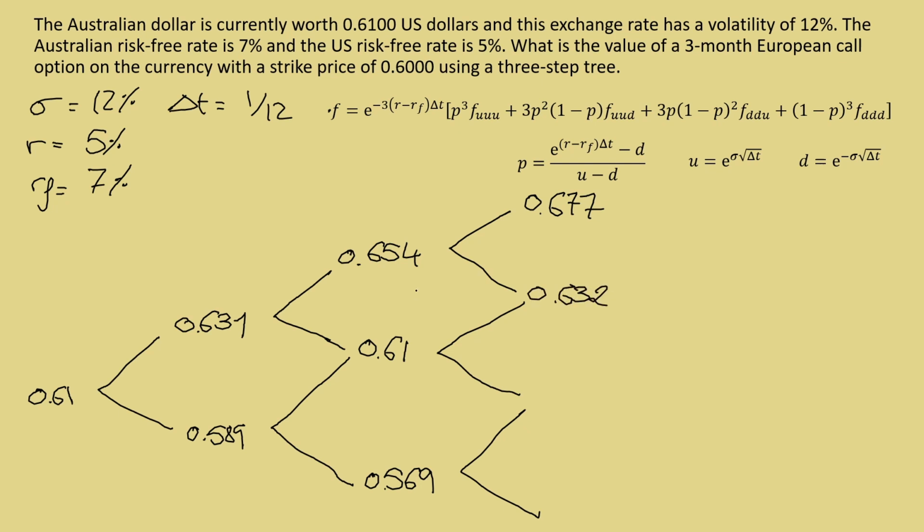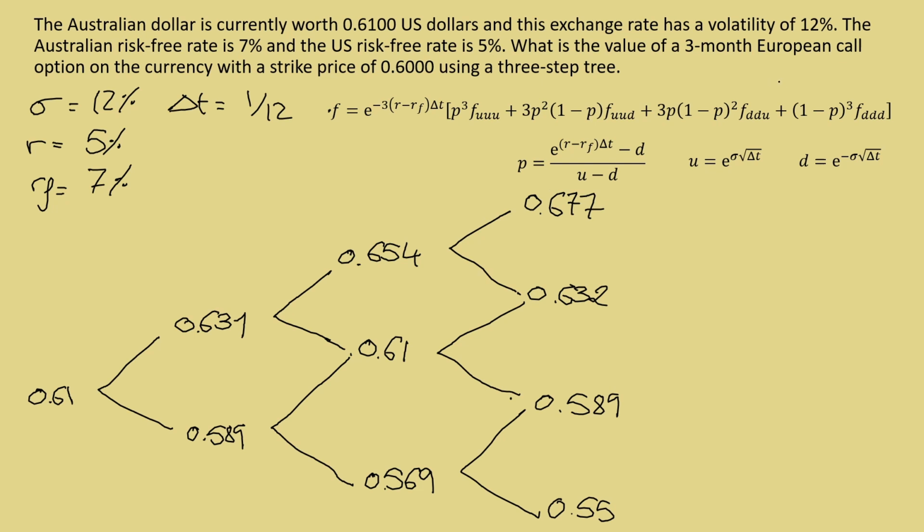Now, by the way, notice that on these points, so this one, for example, and these two, whether you do 0.654 here times D or 0.61 times U, you should get the same result. You choose which one to do. Okay, 0.61 times D, 0.589, and the last one times D again, 0.55. Okay, perfect. So now we have all the currency values.